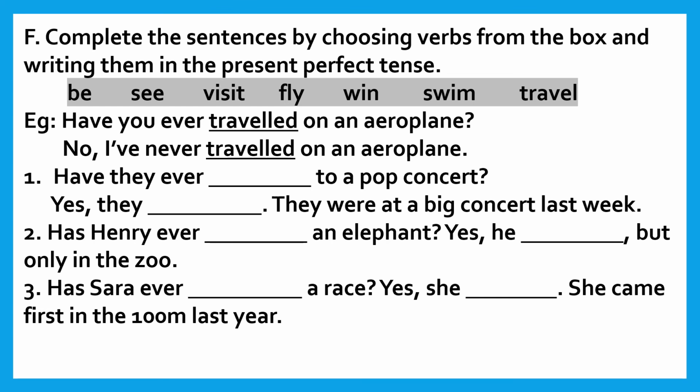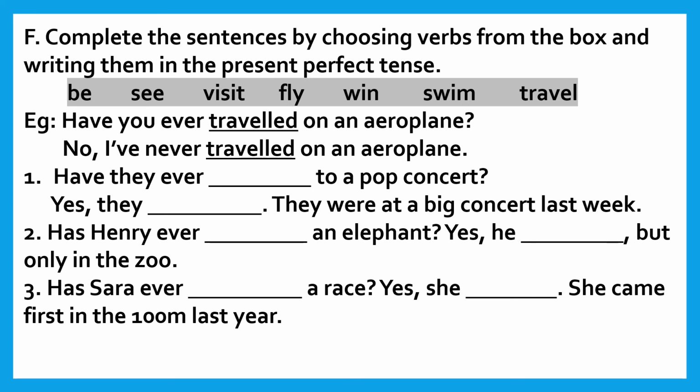Now this exercise will also be solved in a similar manner as we saw in the dialogues exchanged between grandpa and the little girl, that is, in the form of questions and answers. Exercise F. Complete the sentences by choosing verbs from the box and writing them in the present perfect tense.